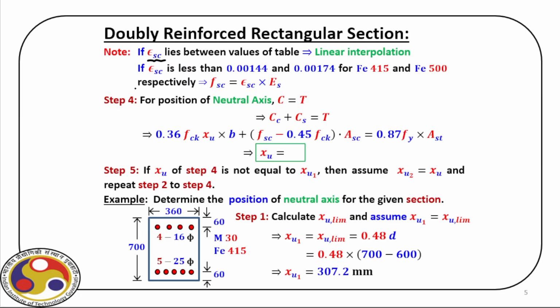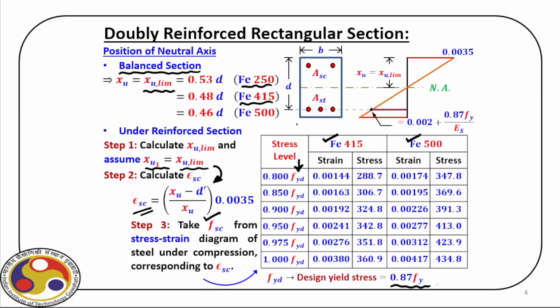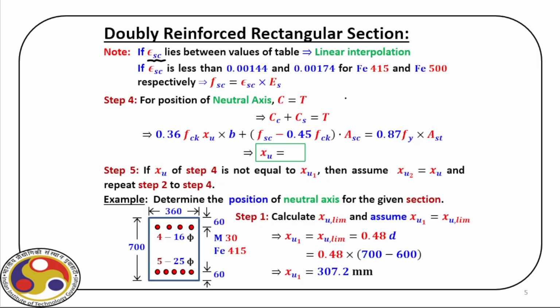If epsilon SC is less than these limiting values, then we use the direct expression between stress and strain, and find the level of stress in the compression steel. Once we do that, we come back to this expression again, because now we know FSC, and we can revisit the expression to find the value of XU.